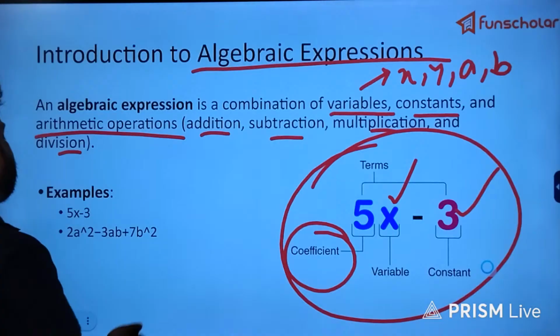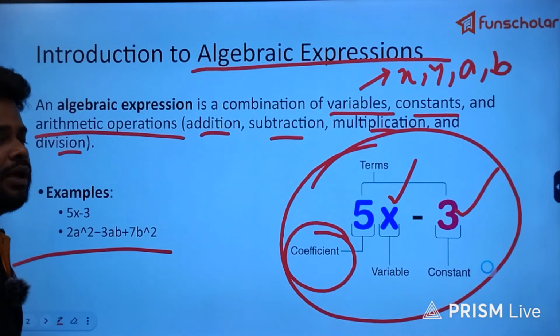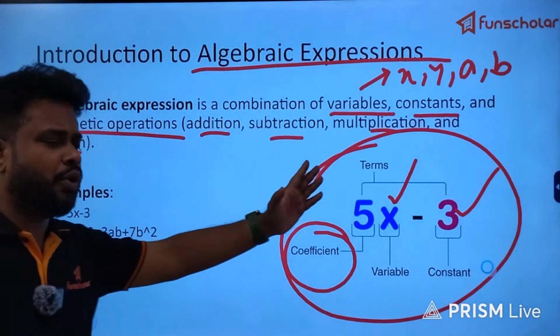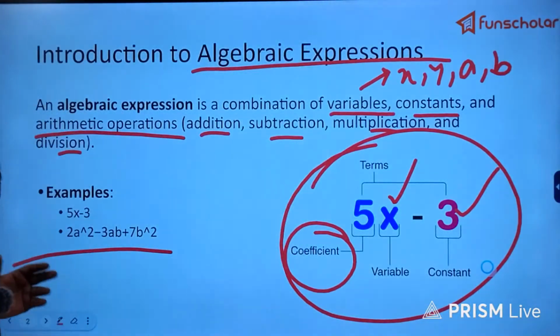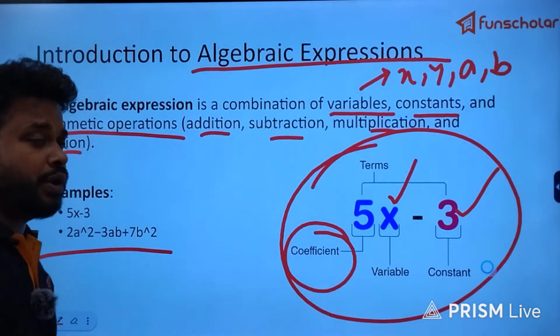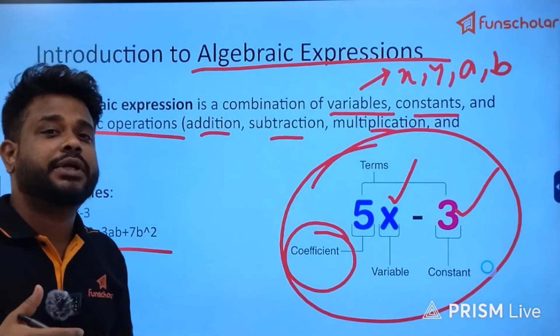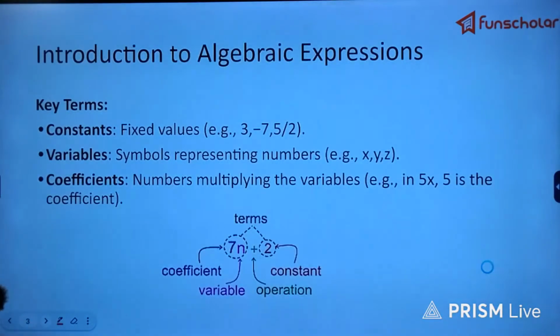So let's go next. 5x minus 3 we have already discussed, and 2a square minus 3ab plus 7b square will also make an algebraic expression. Let's go further.